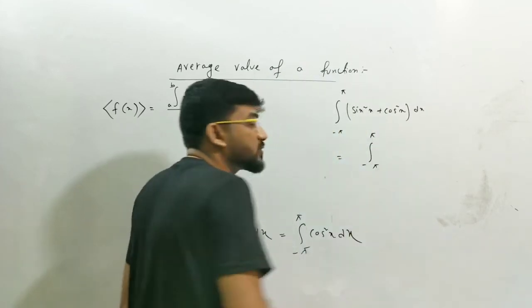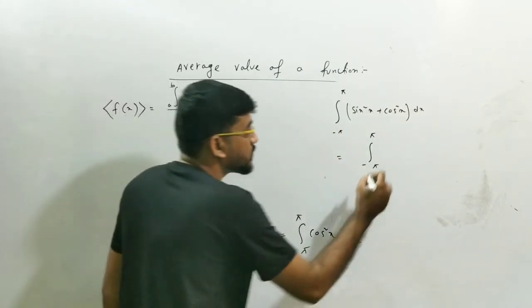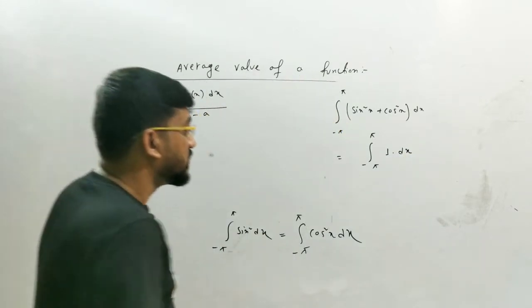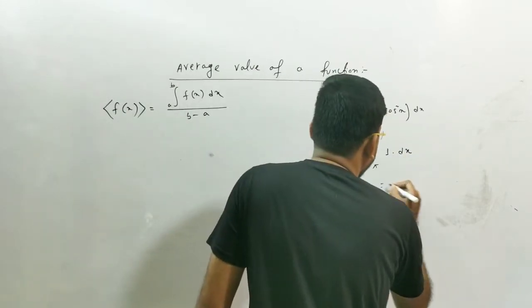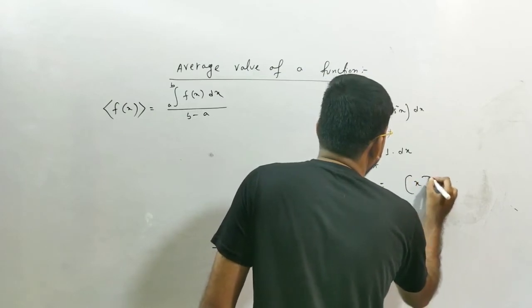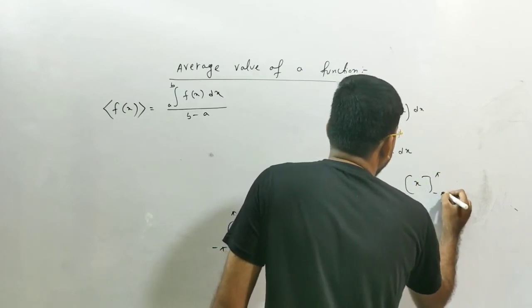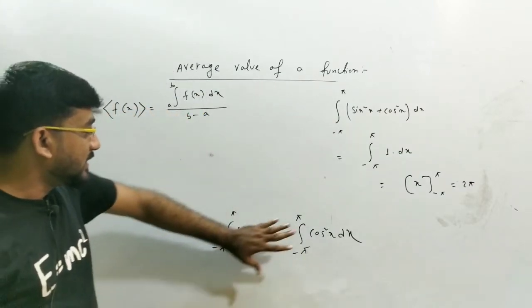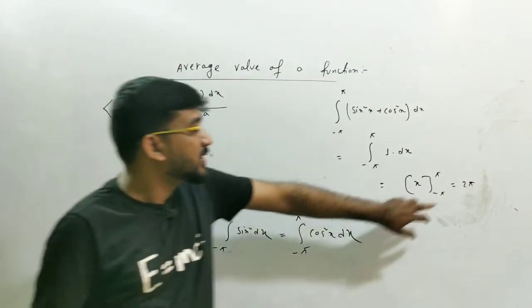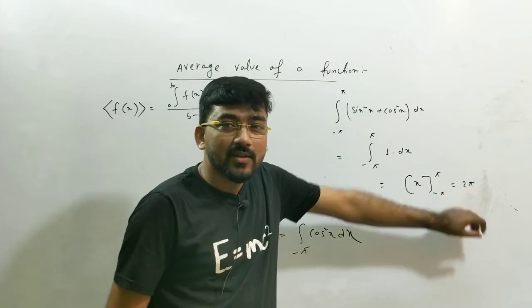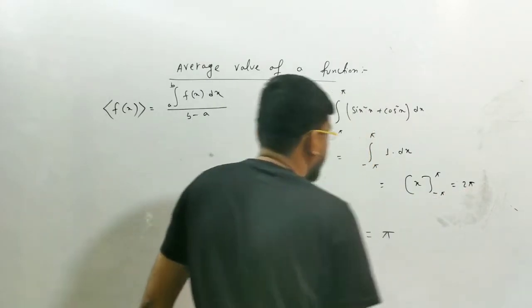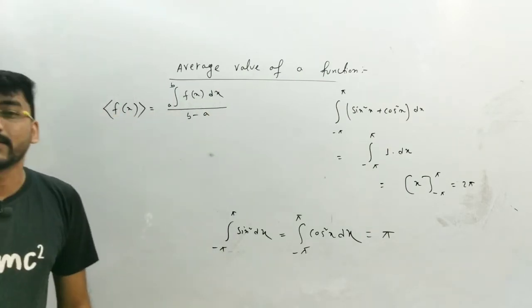Sin square x plus cos square x is just 1, so it will be 1 into dx. The integration of dx is x, and the limit will be minus pi to plus pi, so it will be just 2 pi. So if you add these two integrations, you will get 2 pi. So each integration will give you the result only pi. This is the obvious thing.